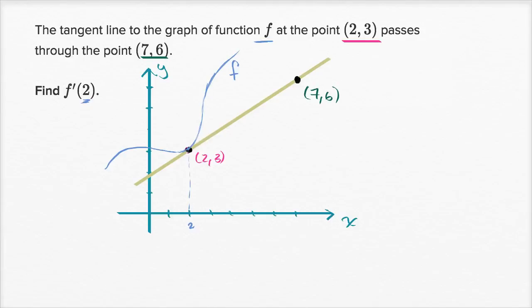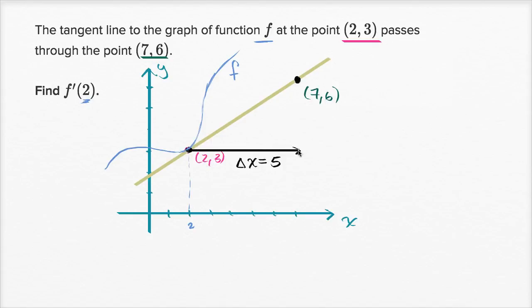So let's do that. As we know, slope is change in y over change in x. If we go from (2, 3) to (7, 6), our change in x goes from x equals 2 to x equals 7, so our change in x is equal to 5.